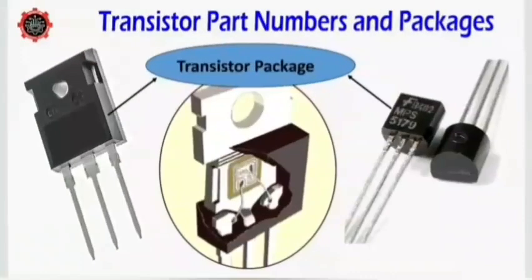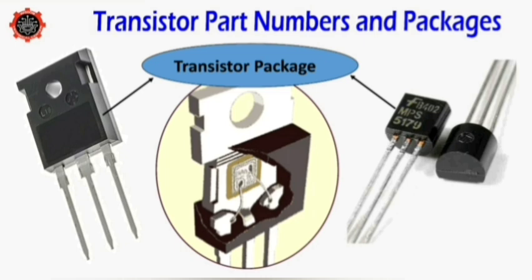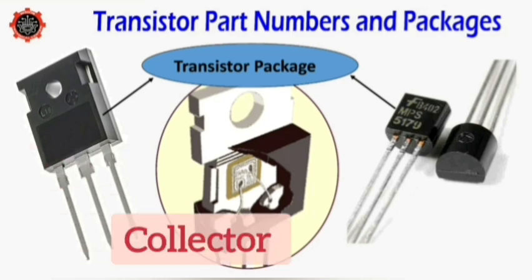The package of a transistor serves as protection because these are very small, delicate devices. So we are going to mount them into a big package compared to their size. It provides a means of making electrical connections to the emitter, the base, and the collector.